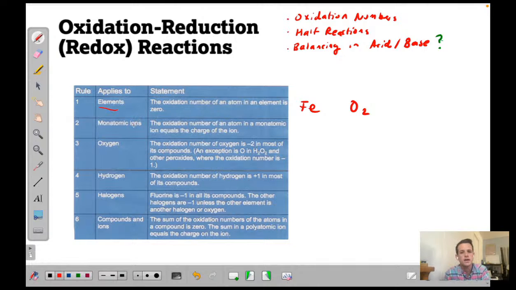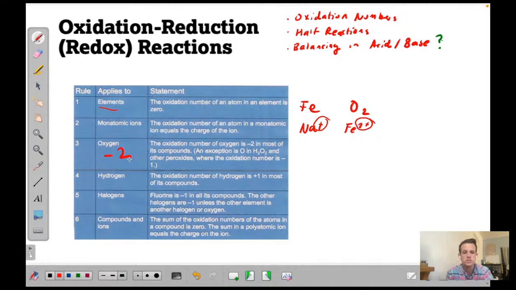For monoatomic ions, like Na plus or Fe2 plus, the oxidation number is going to be the charge of that ion. So if there's any ion present, then the charge on the ion is its oxidation number.